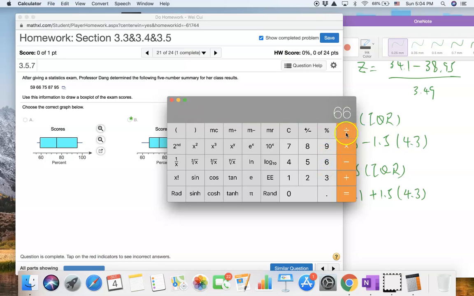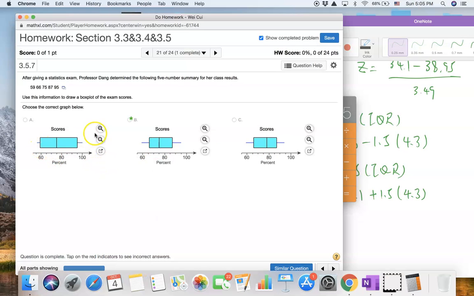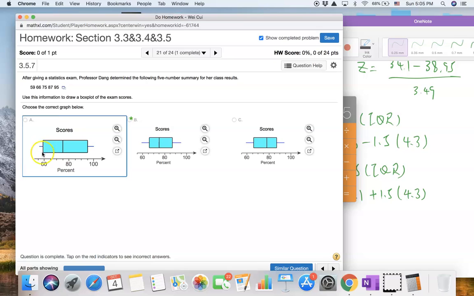So add and divide by 2, which is 62.5. Okay, so that's why A is not right, because according to this graph, the first quartile is less than 60, right? So that's how we know B is right. B is the right answer.